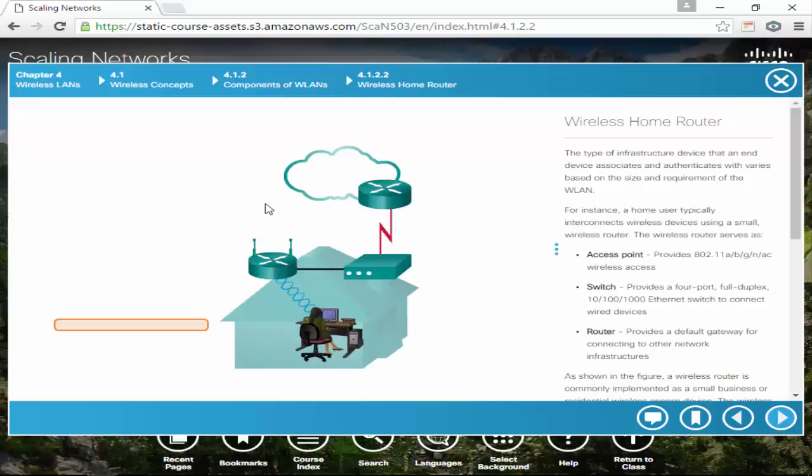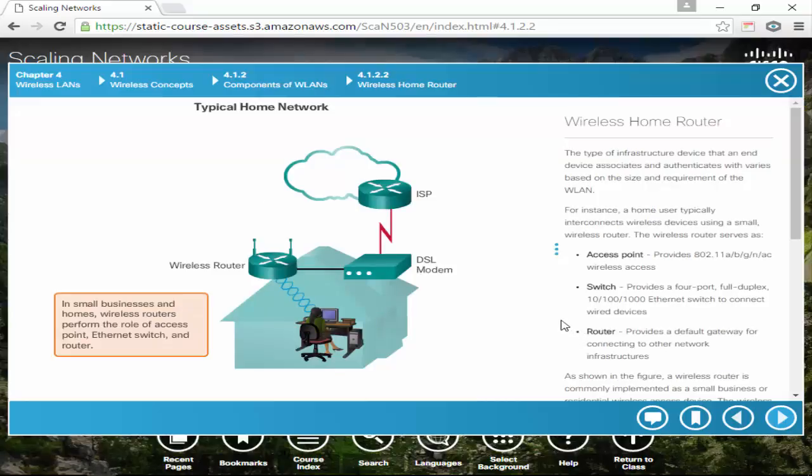So, our wireless home router, we've talked about this before. It is actually several things. It is an integrated services router, so it works as an access point, right? Provides us some type of 802.11 for our wireless NIC to go onto. It has Ethernet ports to work as a switch, and it has a router, right? And we know it has a router because we are routing in between our networks.